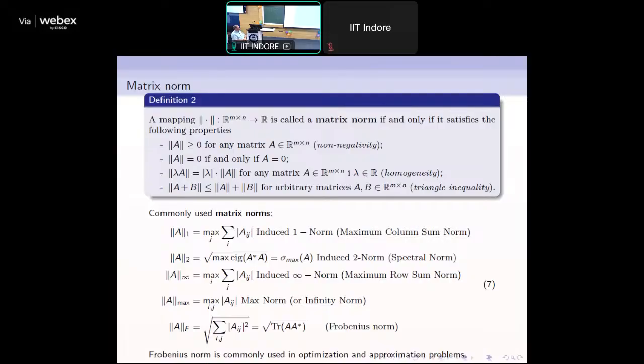For our future research, for applications in recurrent neural networks, the Frobenius norm will be most useful. Why is the Frobenius norm most useful?